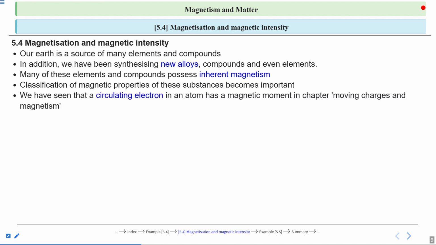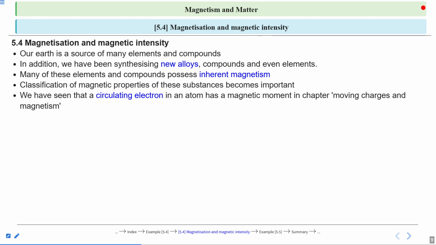We have seen that a circulating electron in an atom has a magnetic moment. We have seen that a circular current loop produces a magnetic field at the center, whose value is mu naught I by 2r.